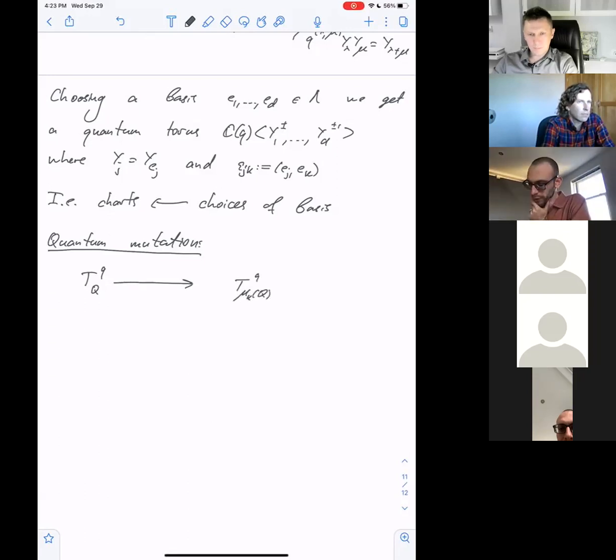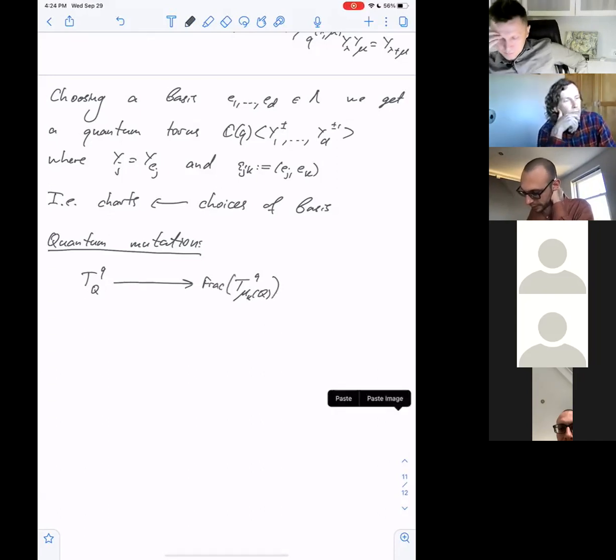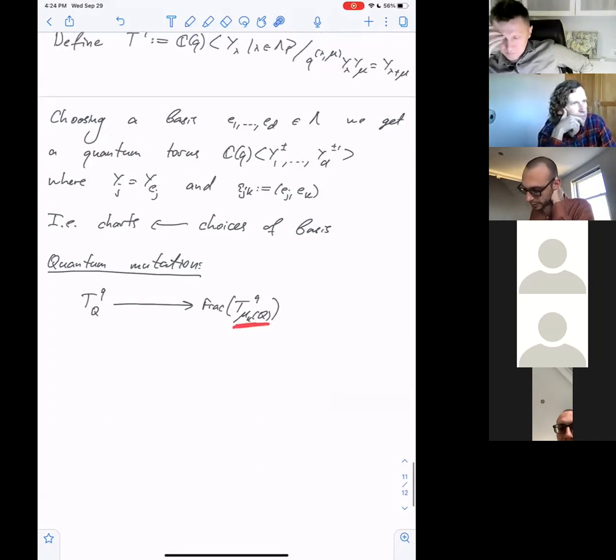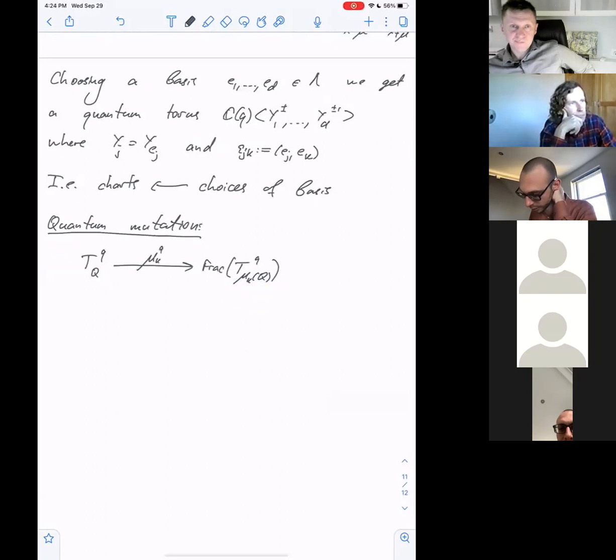But the problem, of course, is that we have to divide by 1 plus x or something like that, so we really get into some field of fractions of this guy. And of course, this thing is a non-commutative algebra, but luckily it satisfies Ore conditions. So it's a quantum torus, and we can definitely define the non-commutative field of fractions. So our quantum cluster mutation will indeed land over here.